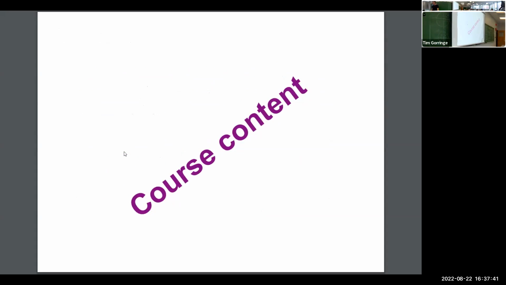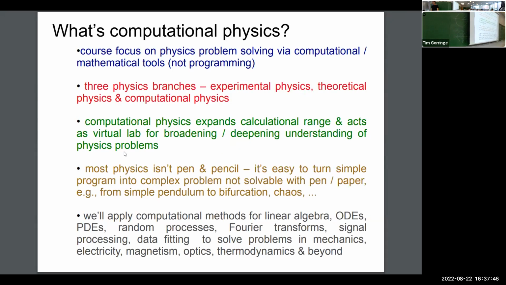Okay, so something about course content. I'll just go through the bullets. The focus of the course is really on the physics problems and on the computational and mathematical methods to solve those physics problems.